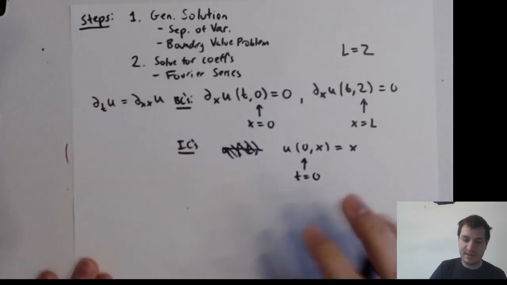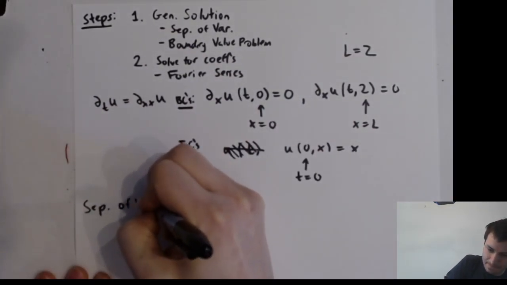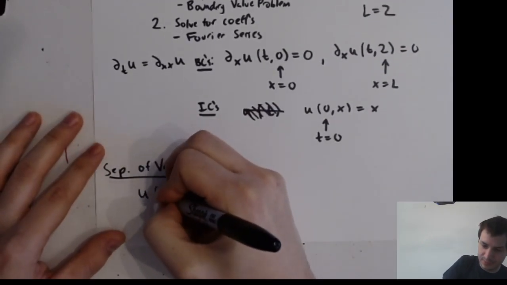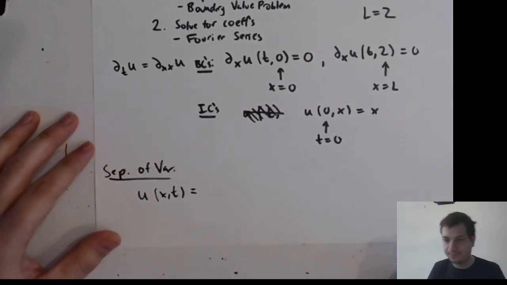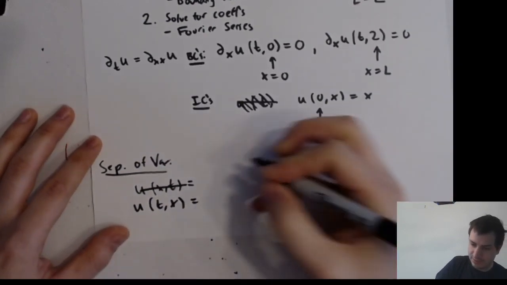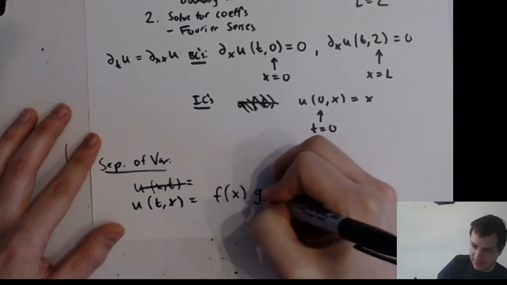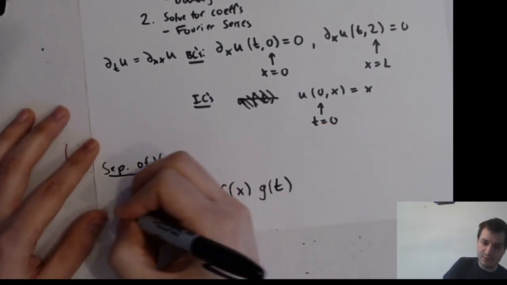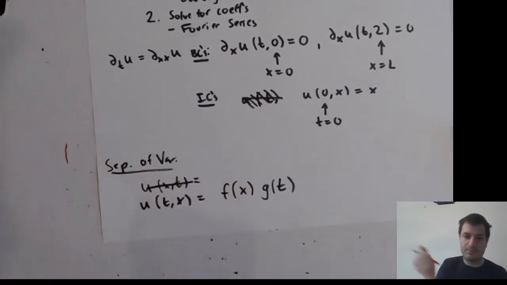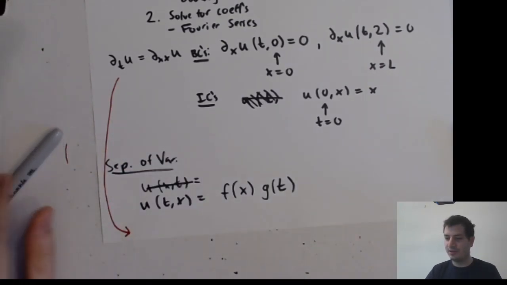So the first bit is the separation of variables bit. This will be identical to last time. So we're just going to try a function u of t, x. It's equal to some function of x times some function of t. And then if you do u_t equals u_xx, this part is identical to last time and shouldn't be very surprising.